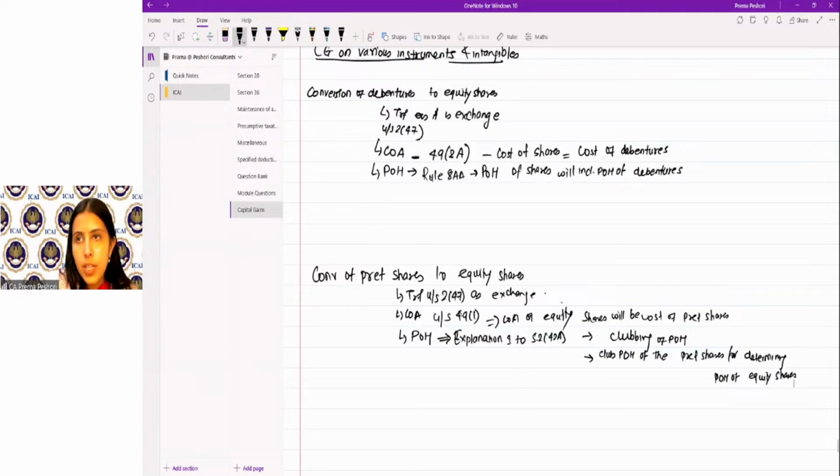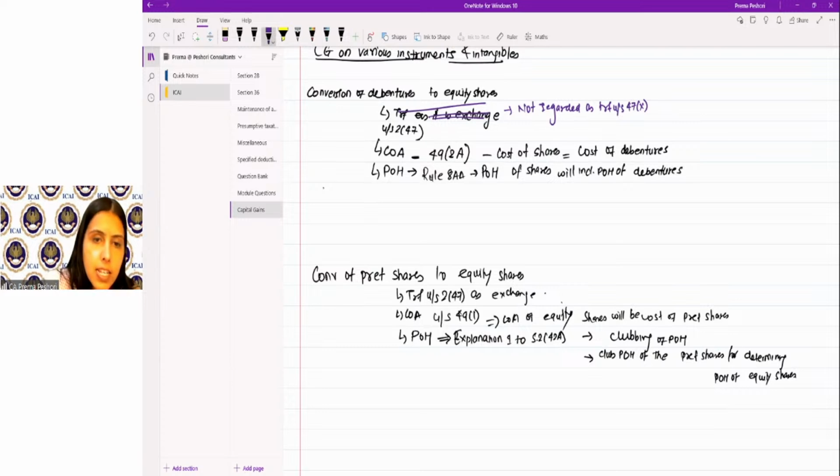But understand one thing. Under section 47, there are transactions which are not considered as transfer. So here, this is specifically not regarded as transfer under section 47(x). Though it is an exchange and should be treated as transfer, it is not taxable under section 47.